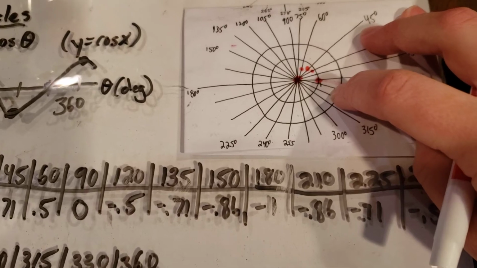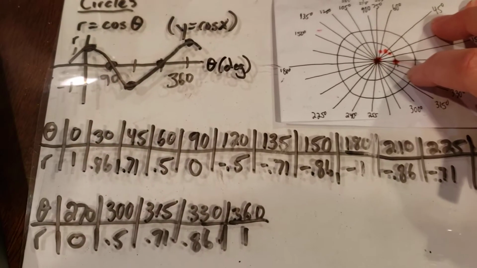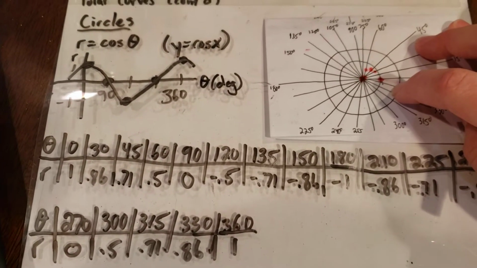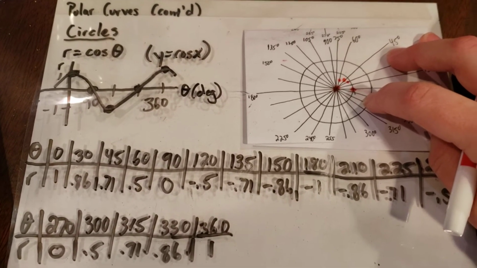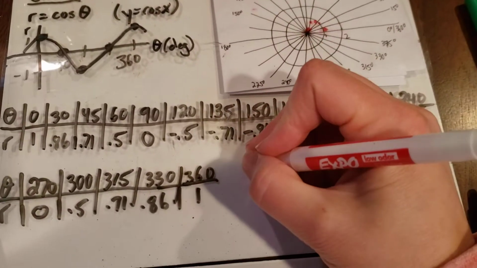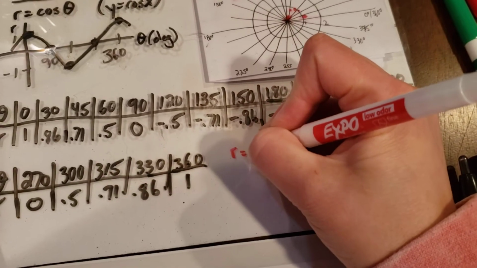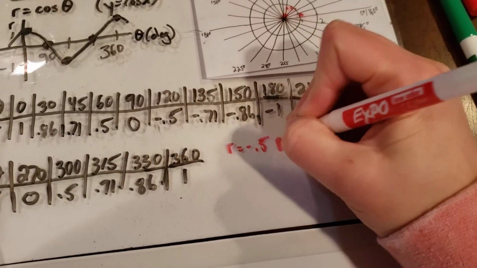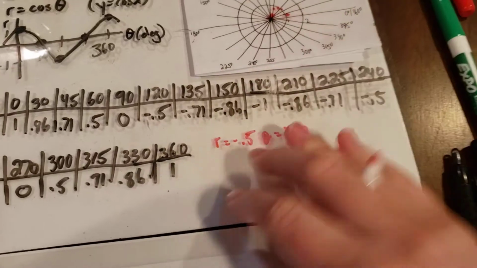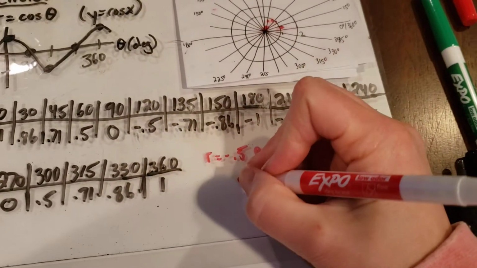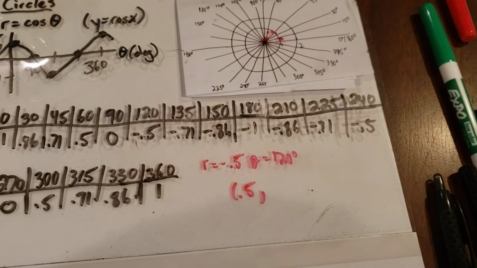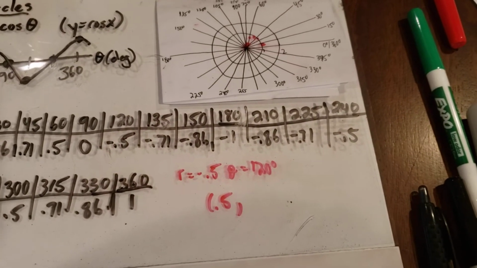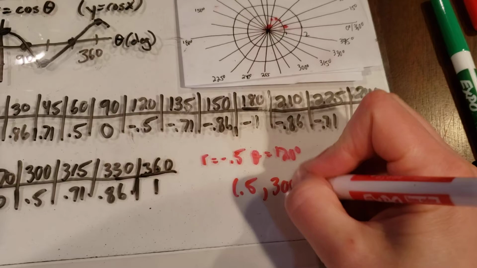The next one is r is -1/2 and theta is 120 degrees. So if I rewrite that, r is -0.5, theta is 120. I want to graph that, so I want a positive r. This becomes 0.5, and 120 plus 180 puts us at 300 degrees.